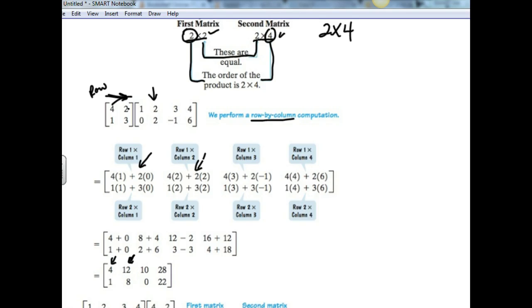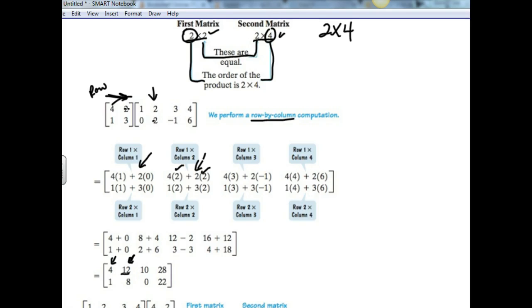It's going to be 4 times 2 plus 2 times 2, because I multiplied from left to right and top to bottom, and then I add those together. So 4 times 2 plus 2 times 2 is 8 plus 4, which ultimately gives you 12.